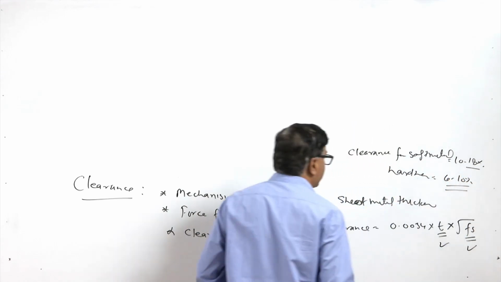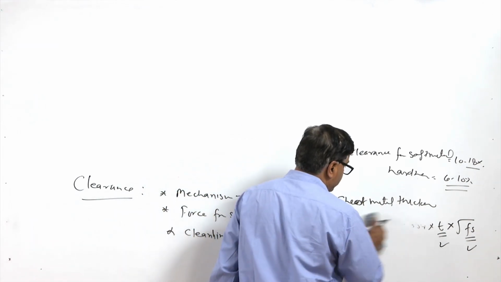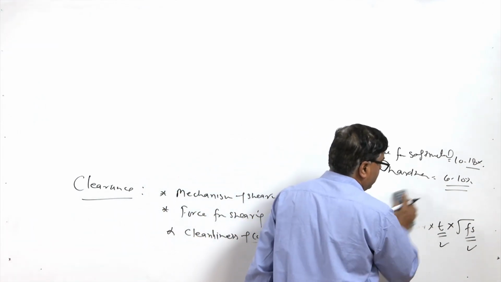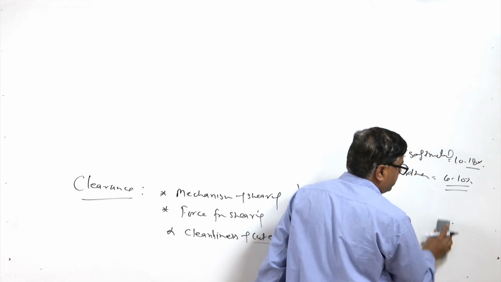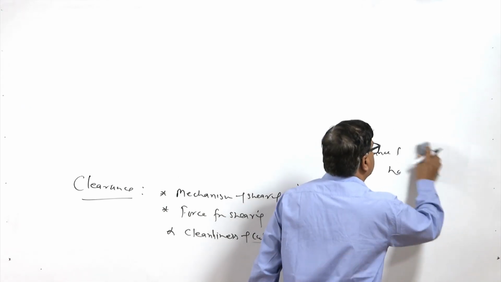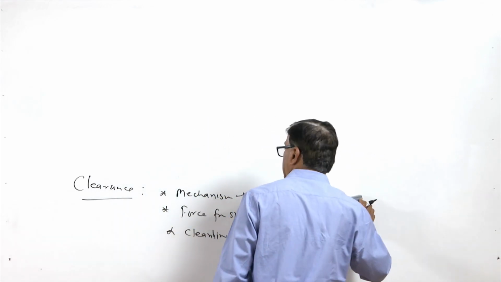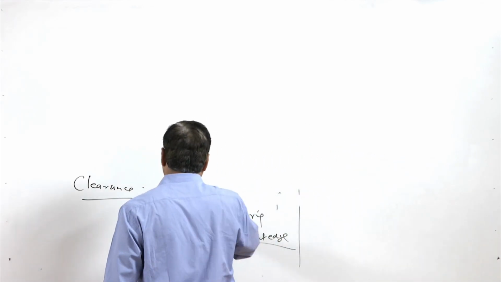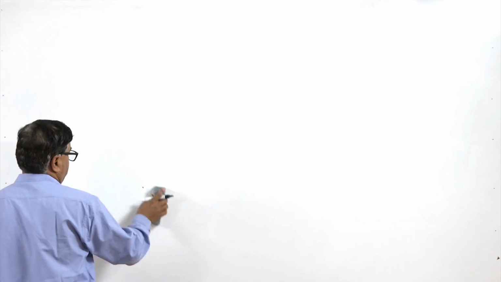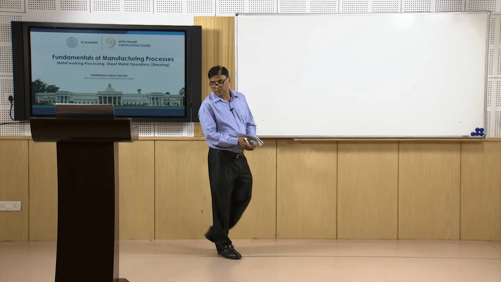So, lower clearances are used for the hard metals and more clearance for the soft metals. And similarly, apart from the sheet metal thickness, the metal shear strength also affects the selection of the clearance. So, optimum clearance is important for having a clean cut edge and minimum force requirement.